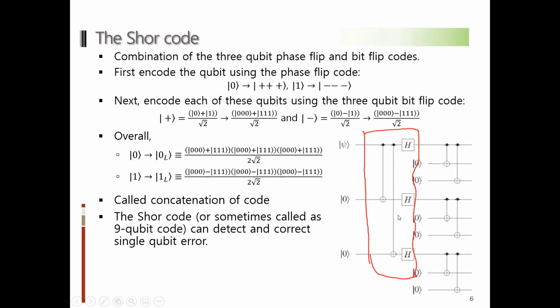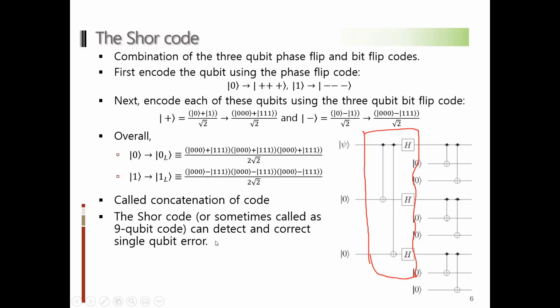So when you hear about the Shor code, it basically means this 9 qubit code. The capability of the Shor code is that it can detect any arbitrary single qubit error.